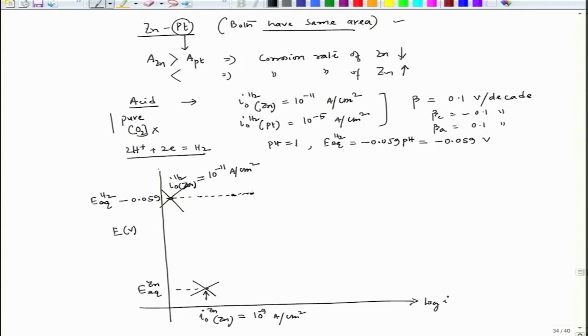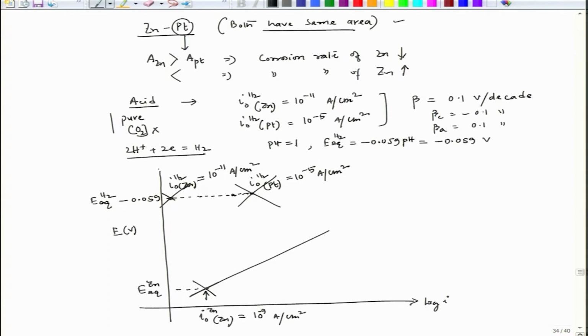So, this is I0 hydrogen over platinum equal to 10 to the power minus 5 ampere per centimeter square. Now, it will go like this. Now, I will just change the slope a little bit.